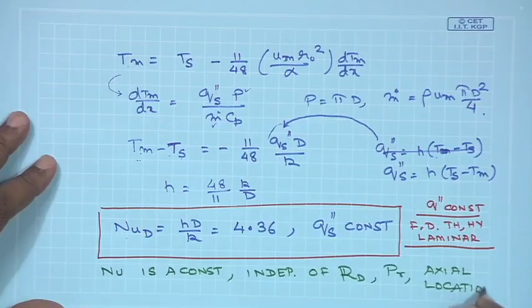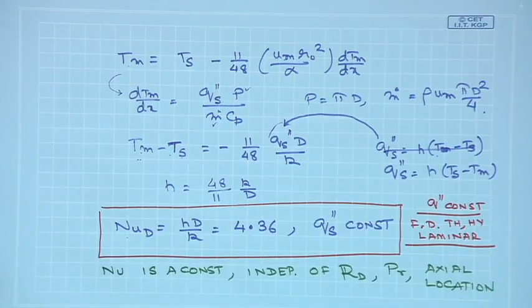That is a remarkable result, that when you have such a situation, the Nusselt number turns out to be a constant. Whenever you cite a result, you have to see what are the conditions that you have assumed in order to arrive at the result. So, the conditions that we have assumed is that the surface heat flux is a constant, it is a thermally and hydrodynamically fully developed flow, and the flow is under laminar condition.